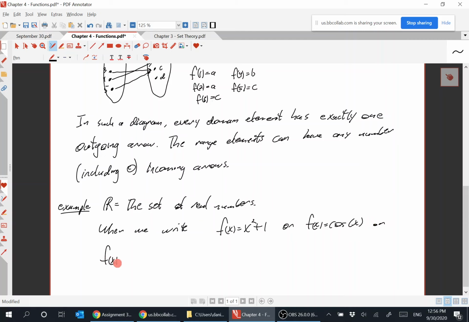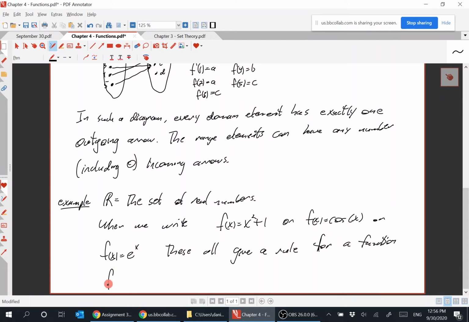F of x equal to e to the x, these all represent assigning for a function f from the set of real numbers to the set of real numbers.